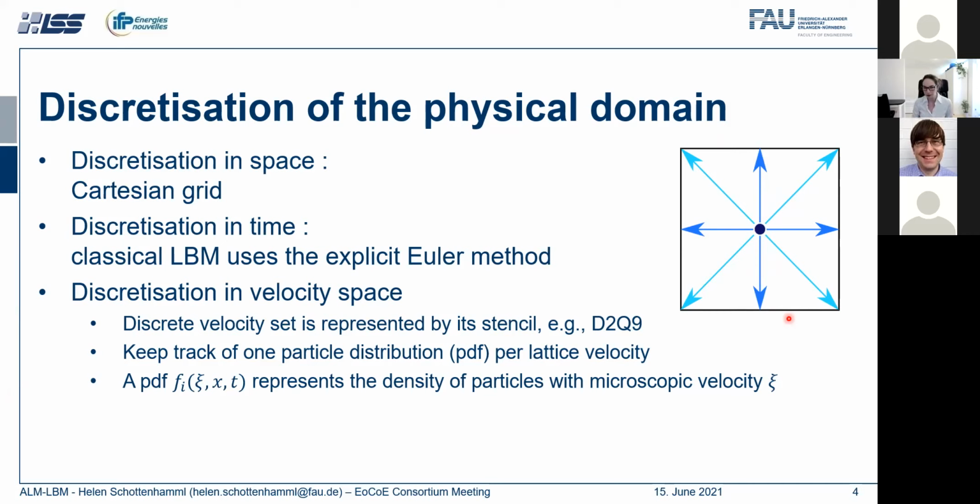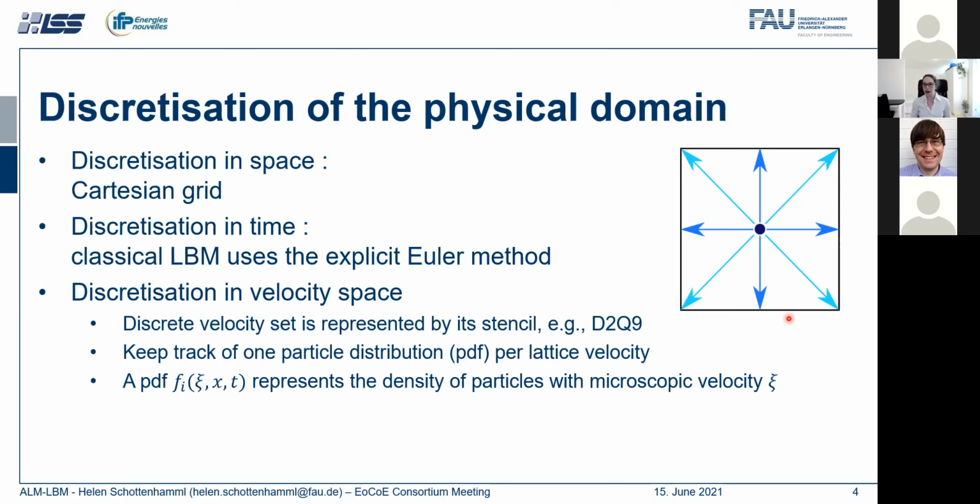The PDF is nothing more than the density of particles with a certain microscopic velocity. So instead of tracking distinct particles, we take a more statistical approach and look at the probability with which particles travel in a certain direction.